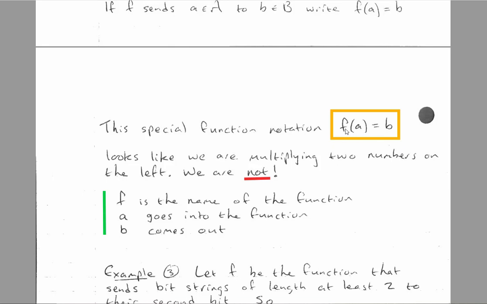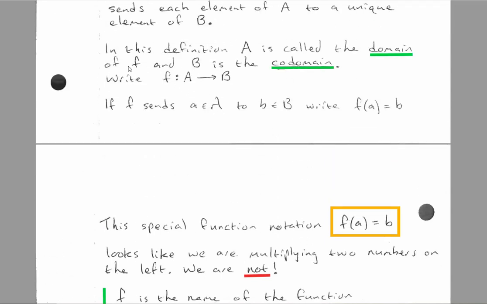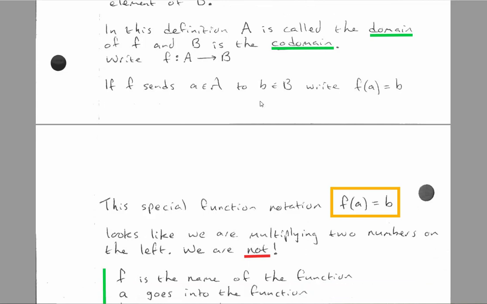So we're not multiplying two numbers here. f is the name of the function, a is the input, so a is going in, and then f is sending a to the output, to b. So these general functions are just linking every element of the domain to a unique element in the codomain.